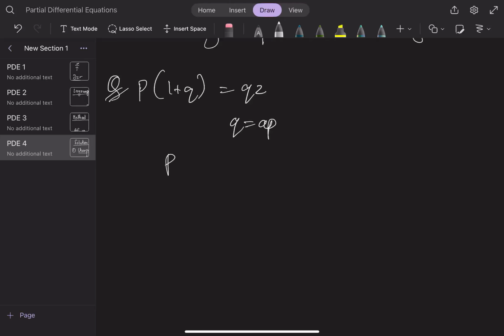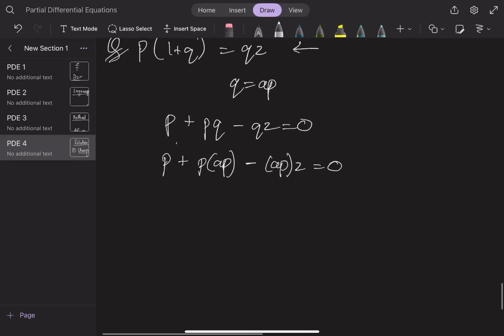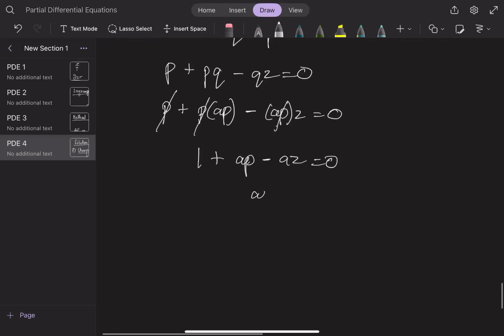So you have p plus pq minus qz is equal to 0. I've just modified this equation. So p plus p into ap minus ap into z is equal to 0. So we can cancel 1 p. So you're left with 1 plus ap minus az is equal to 0. So ap is equal to az minus 1. So p is equal to (az minus 1) divided by a.